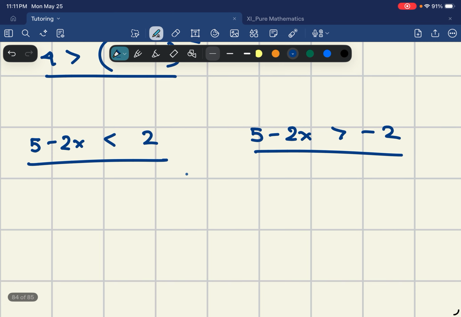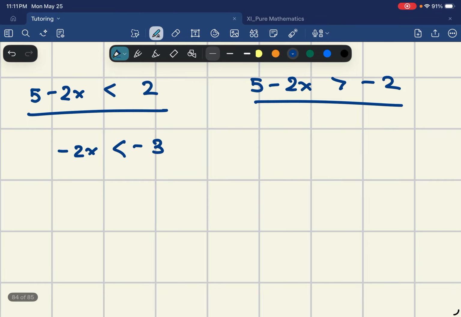So we are going to solve these two inequalities. Now, if I subtract 5 from both sides, I get this expression. Now if you want to solve this inequality, you actually have to do this. If you cancel out the negative signs, you have to remember to switch the sign of your inequality. So you get x is bigger than 1.5.